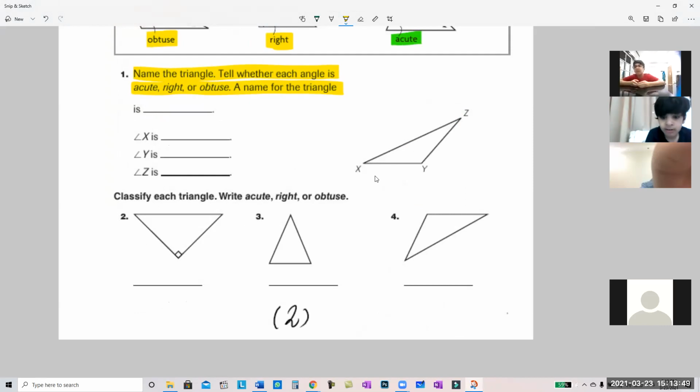Okay. Triangle. I need the name. No, I need the name of the triangle here. What is the name of this triangle?